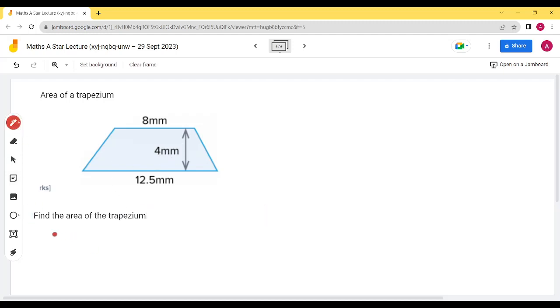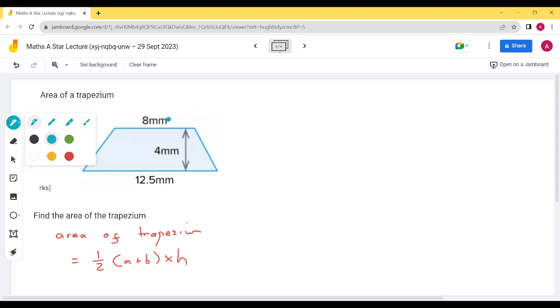The area of a trapezium is as follows: the area of a trapezium equals half A plus B, times the height, or times the perpendicular height. So what it means by A and B is our top and our bottom.